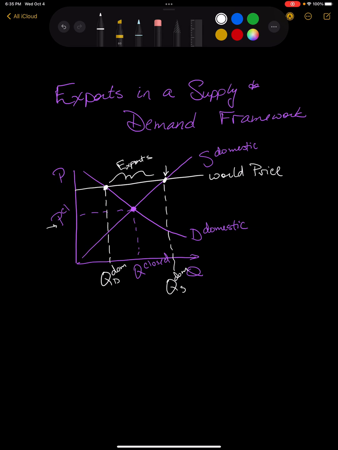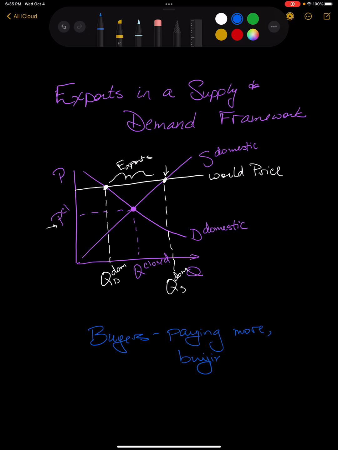So now, who wins and who loses in this scenario? So I'm going to switch to blue here for my buyers. All right, so buyers. What do we know? In the case of exporting, buyers are going to be paying a higher price and getting less for it.